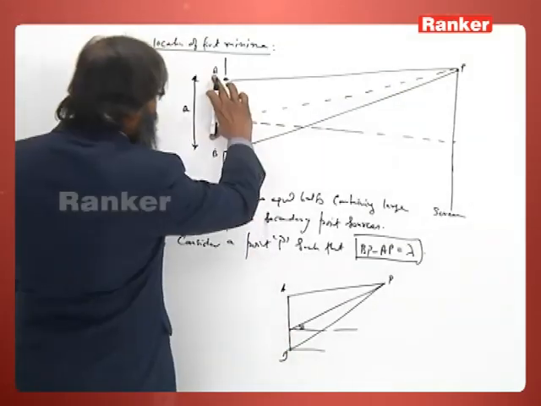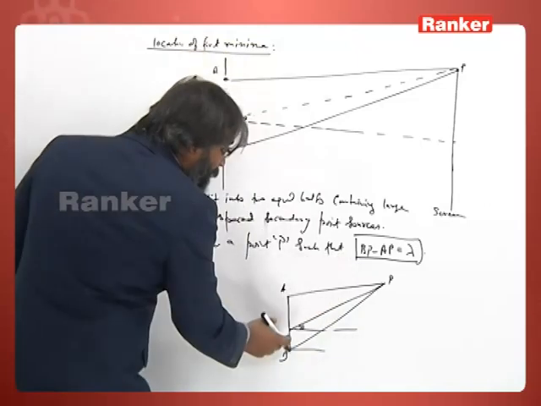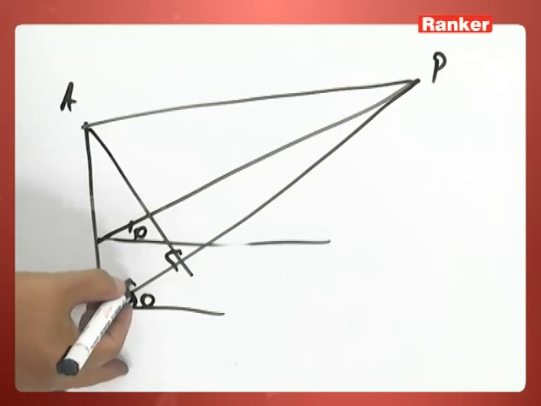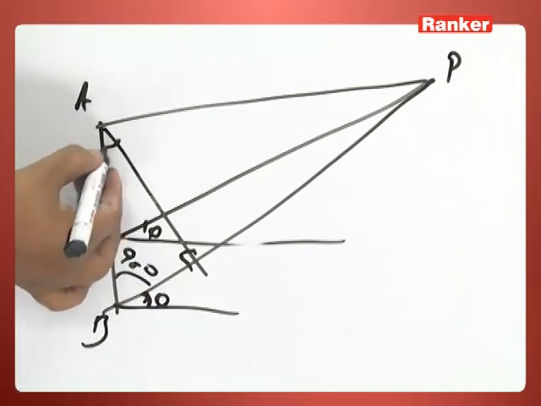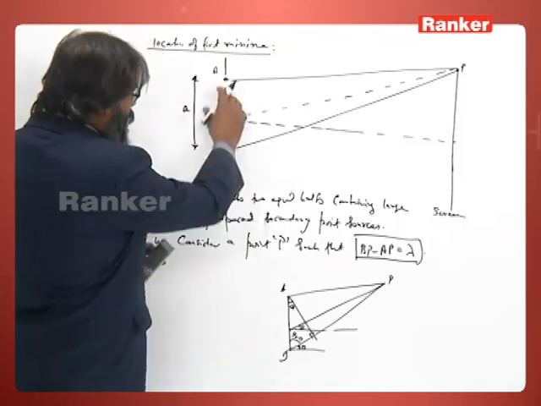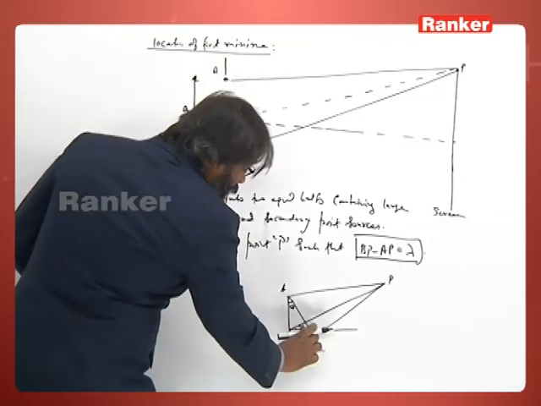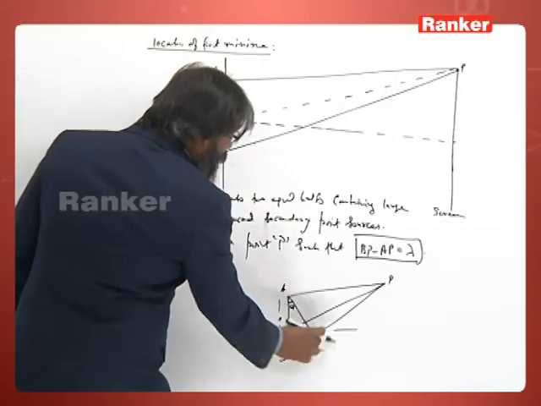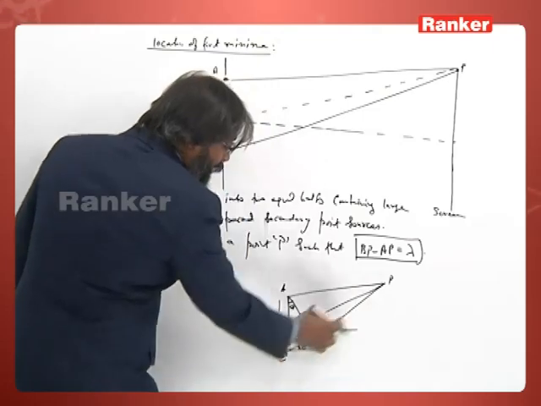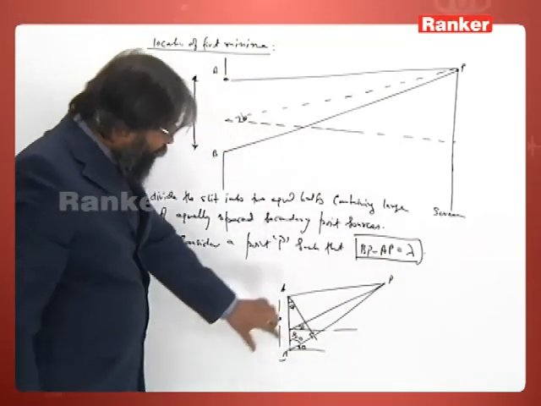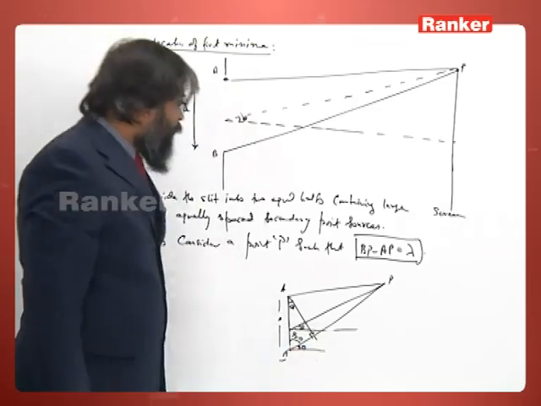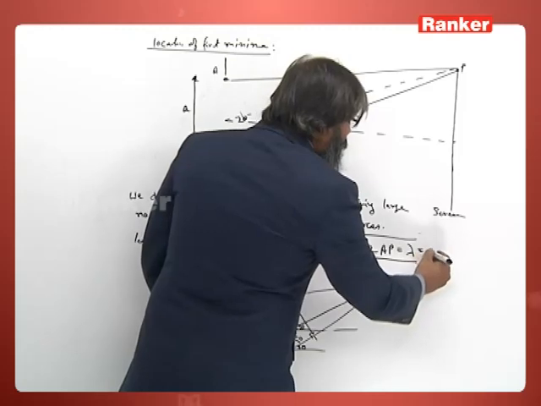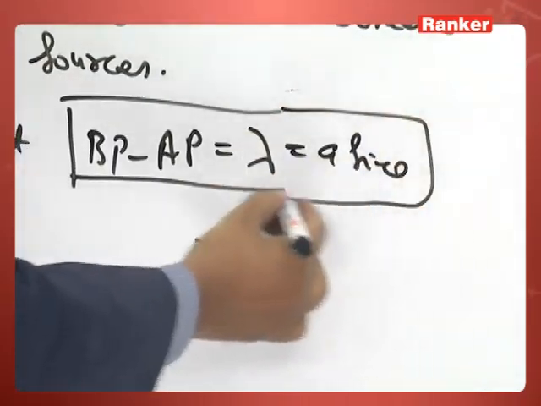Since this AB is small and P is far away, this angle is also theta. If I drop a perpendicular, this is theta, so this becomes 90 minus theta. So, the difference of these two gives a sin theta, the path difference, which is equal to a sin theta.